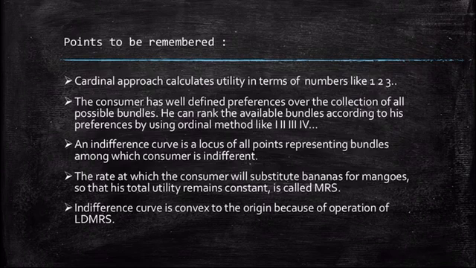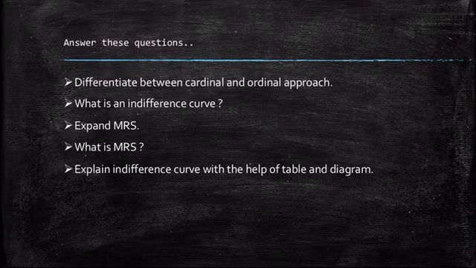Okay, students. So answer these questions and practice it. The questions will be like, differentiate between cardinal and ordinal approach. What do you mean by cardinal and ordinal approach? The cardinal approach was introduced by Alfred Marshall.